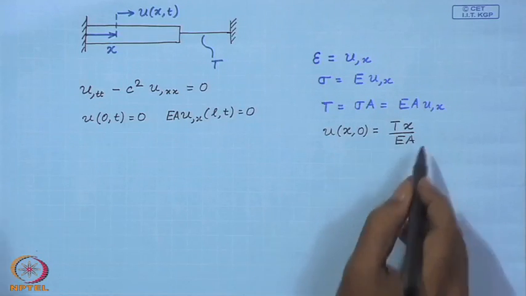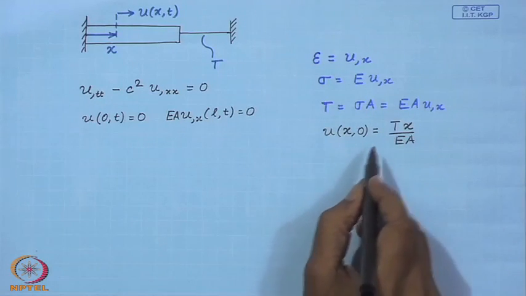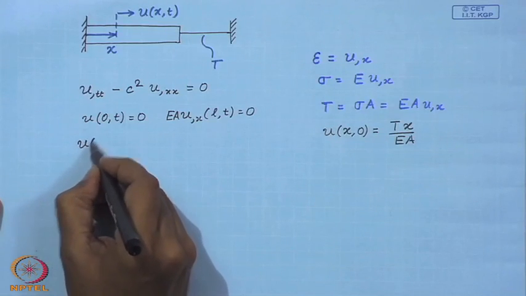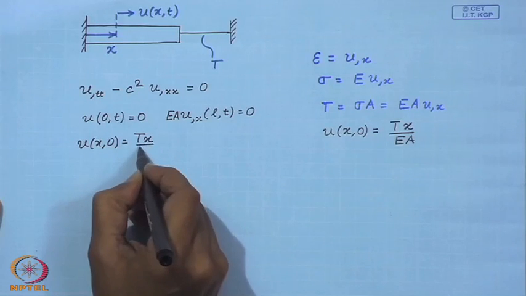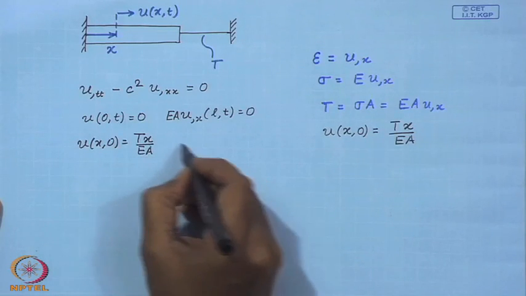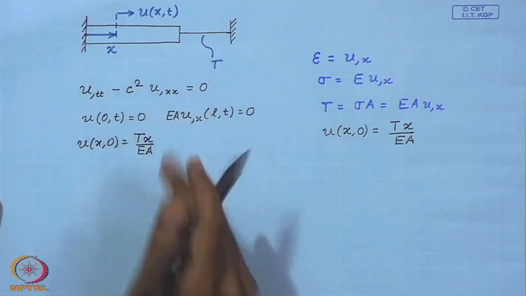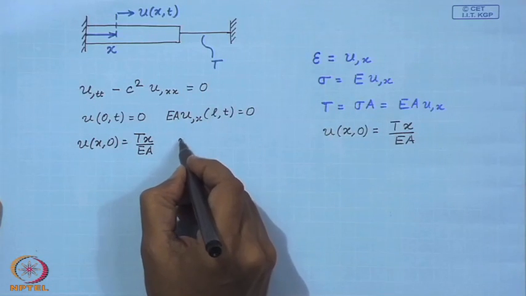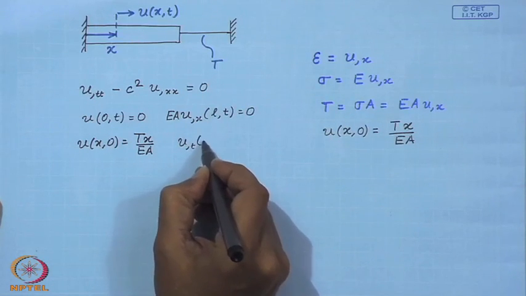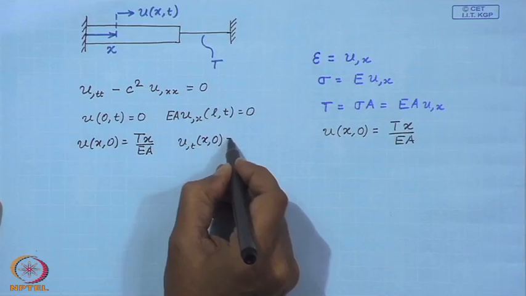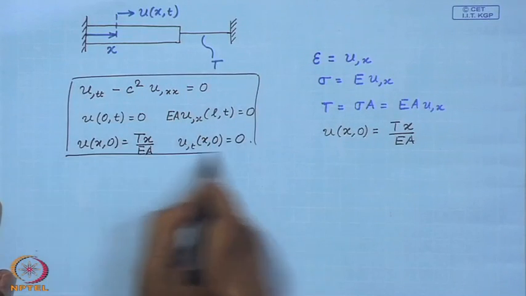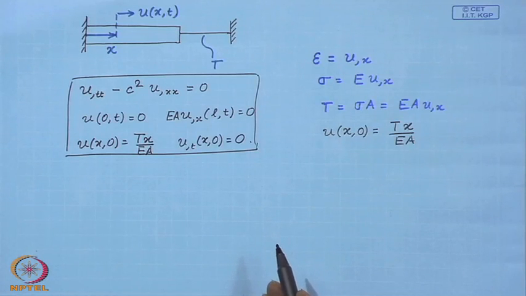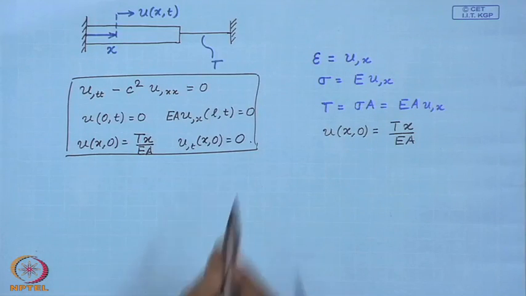So, this is the initial condition of the bar. And the initial velocity, as soon as the string snaps, is 0. So, this is our problem. This is the initial value problem for this collapsing bar.